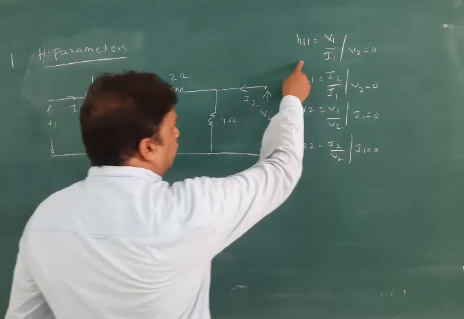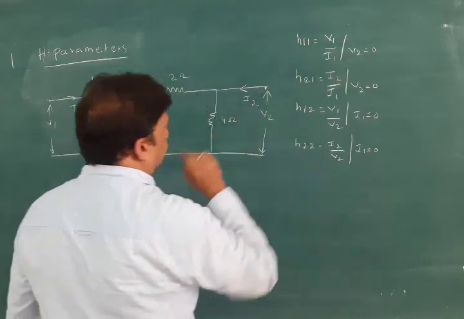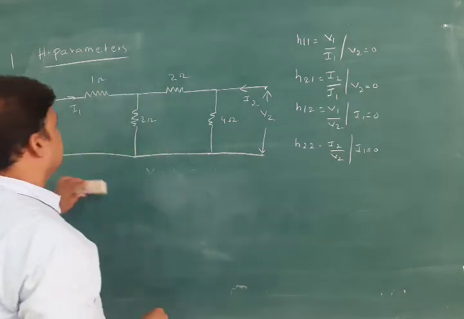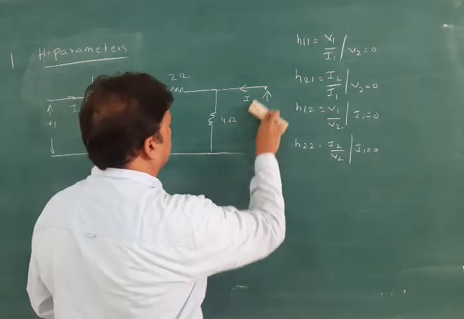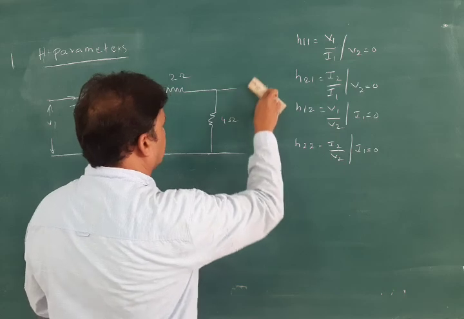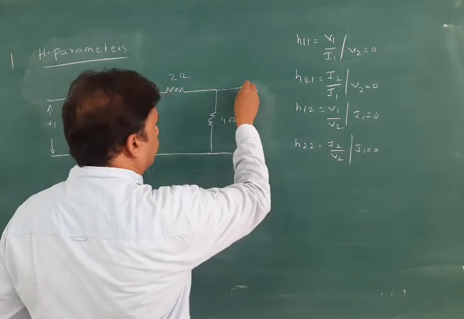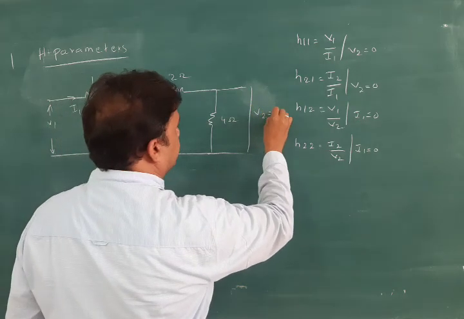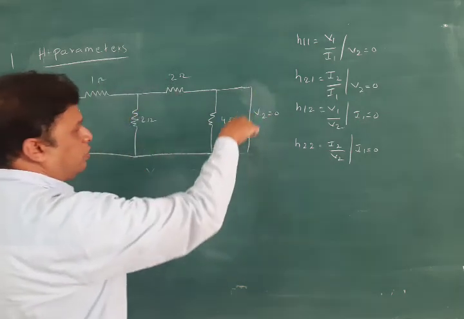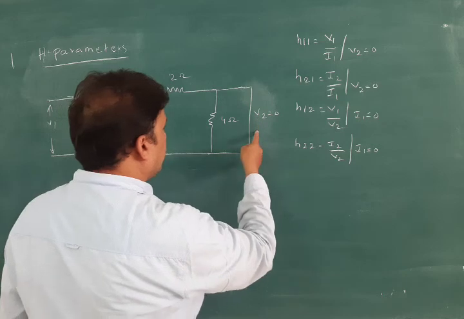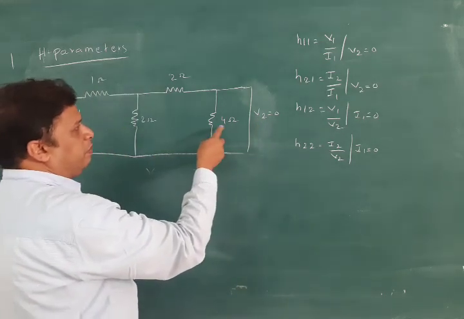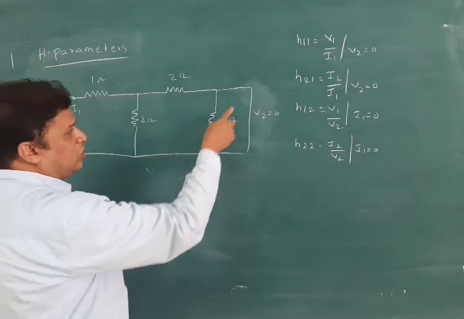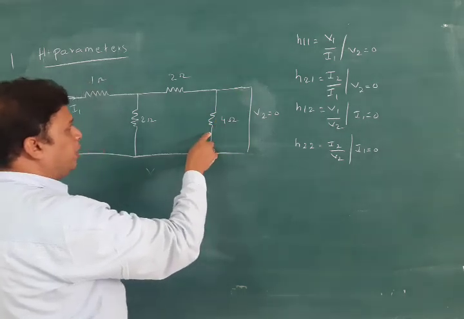So for finding H11, V2 is equal to 0. That means this is short circuited, so we can simplify the circuit now. Since V2 is equal to 0, this branch is short circuited, so this 4 ohm should be neglected.